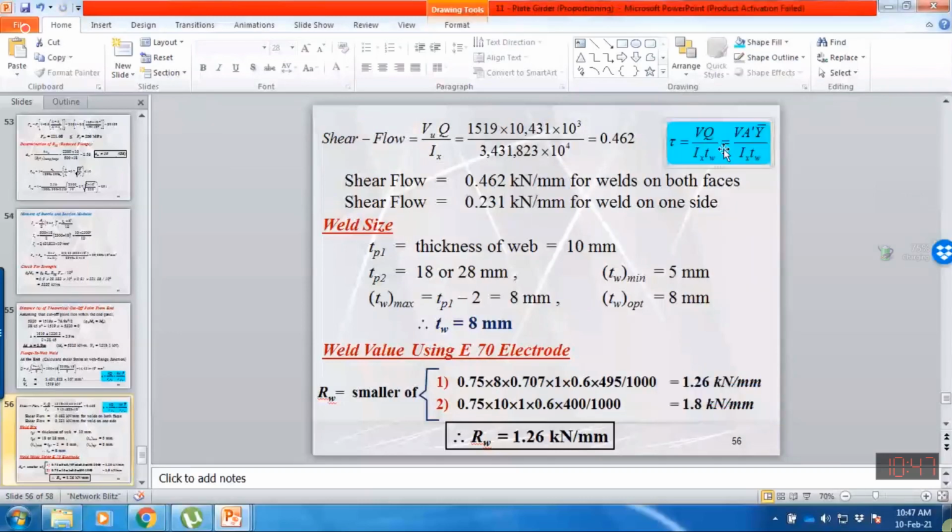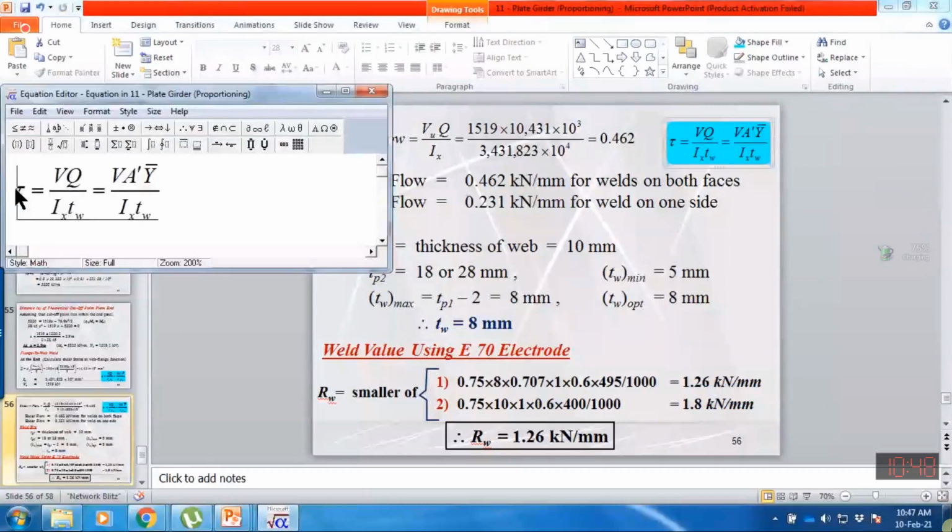If we multiply this Q value with the thickness of the layer, Q into tw, or with the b value, we are removing this thickness.